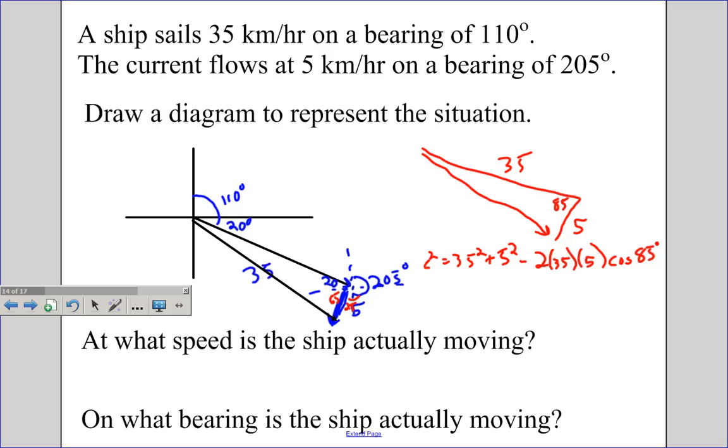Now I get c squared is equal to 1,219.5. Now I square root that to get c is equal to 34.9.